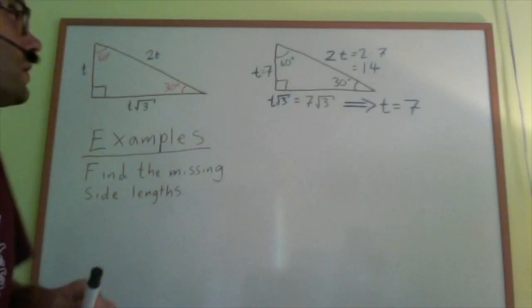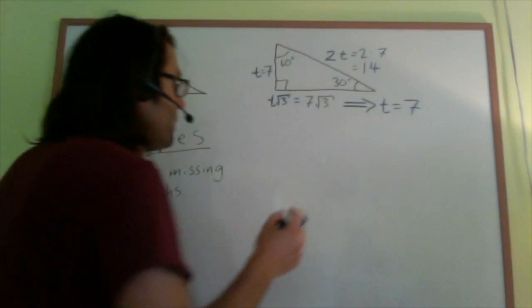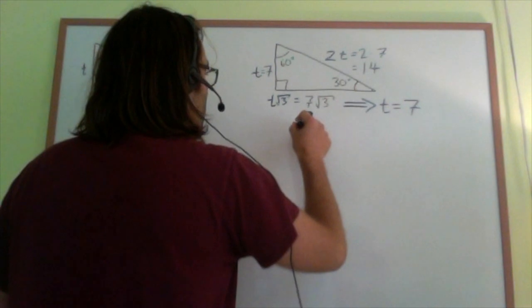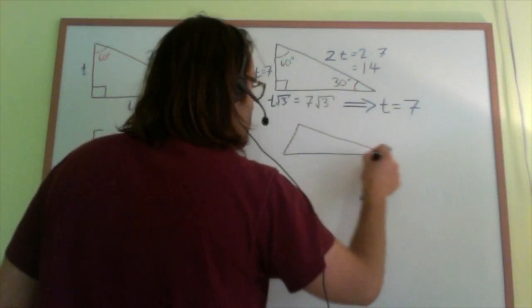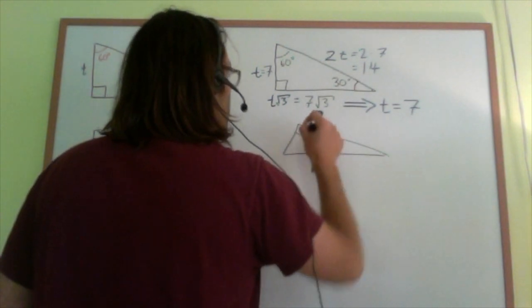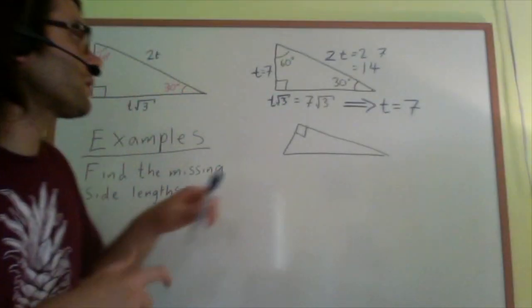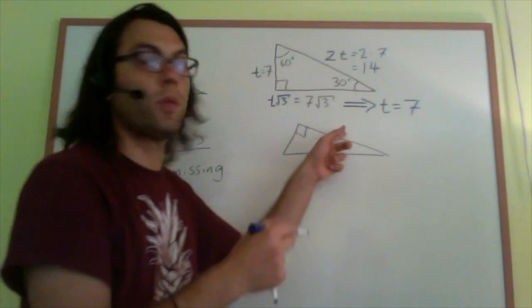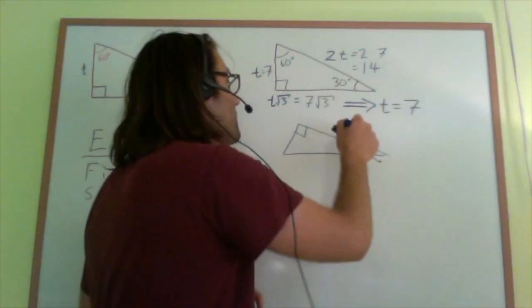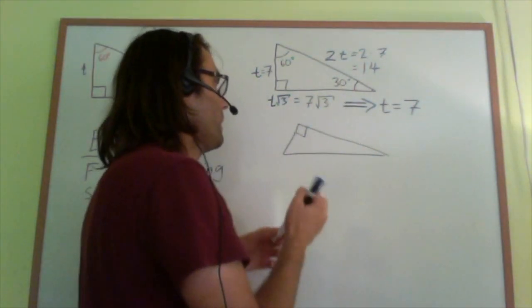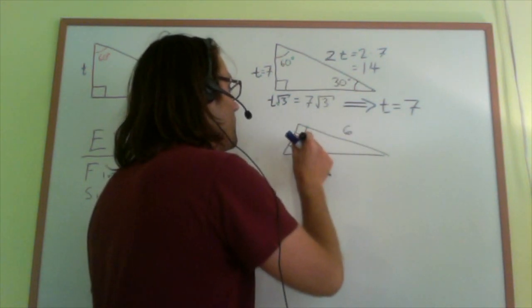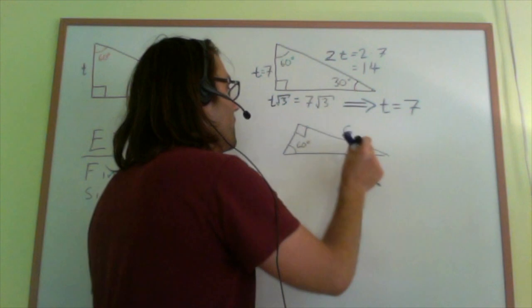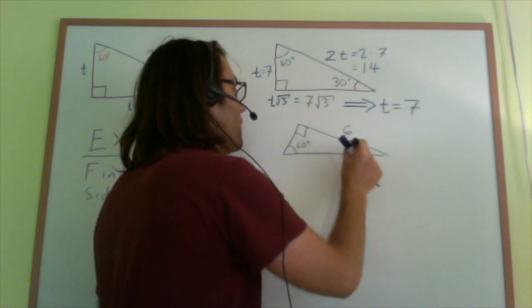Okay, now let's do another one. Let's suppose we have something like the following. Okay, so we have a triangle like this, and let's suppose this here is 6. This one being 60 degrees, this being 30 degrees.